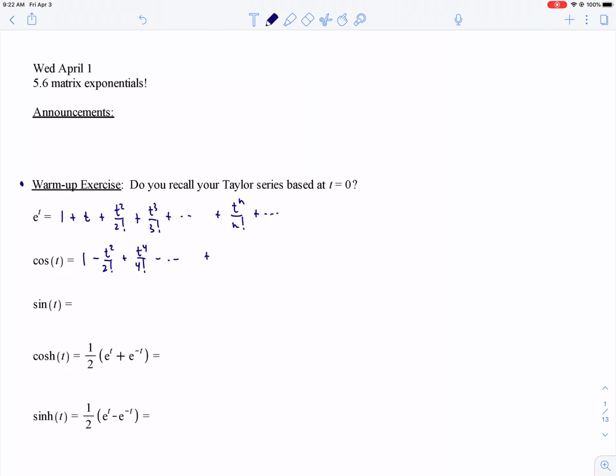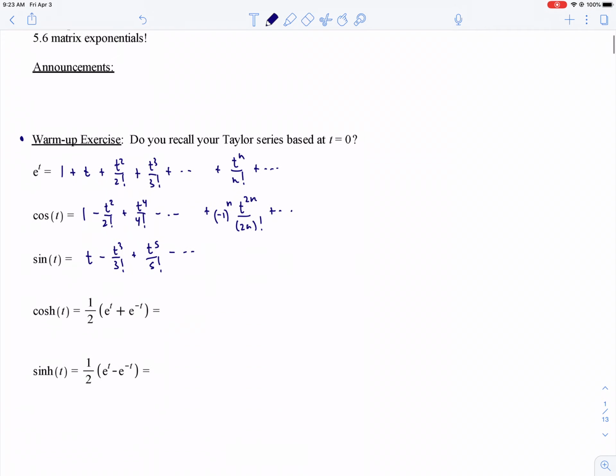And in general, if it's t to the 2n over 2n factorial, then the alternating sign can be written as minus 1 to the n, just checking it for t to the 0 and t squared. And sine t, being an odd function, only has odd powers, and they alternate as well. And you could write down the general term.